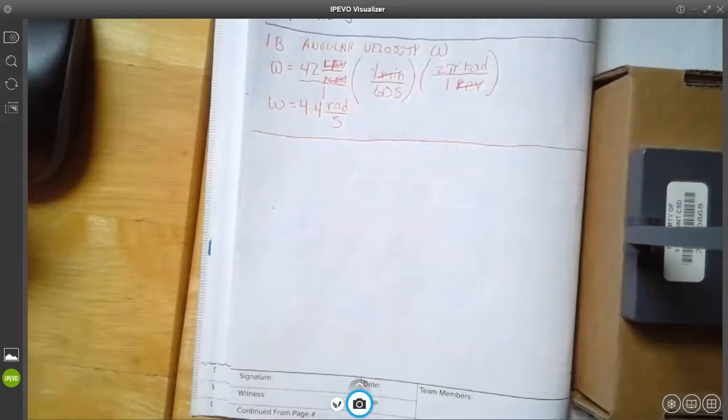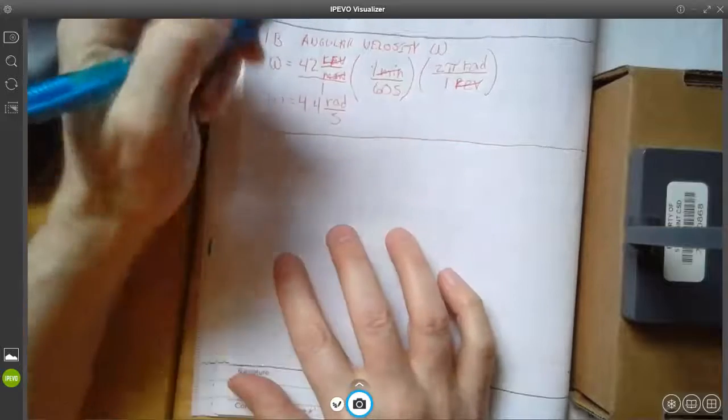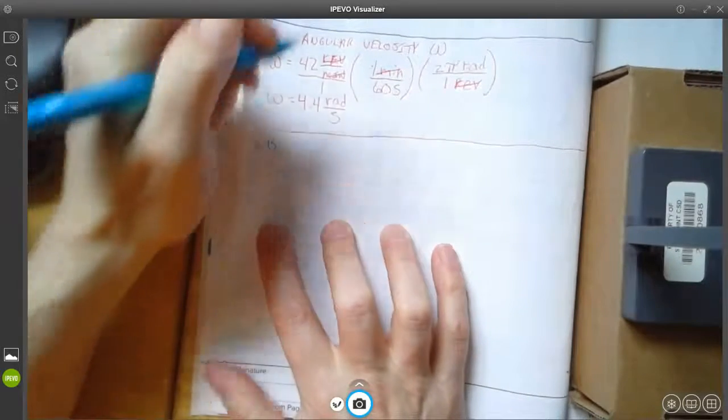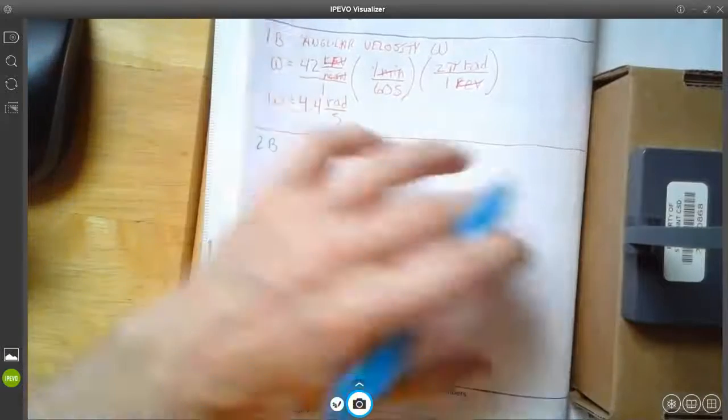I'll switch to another colored pen, and I hope there's not many more steps left. I'm going to have to recycle my colors on pens. Anyways, now we got to convert this to power. And so this is 2B, just to stay with my naming convention.